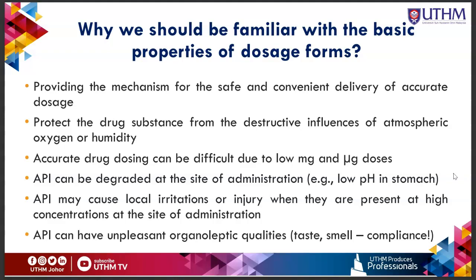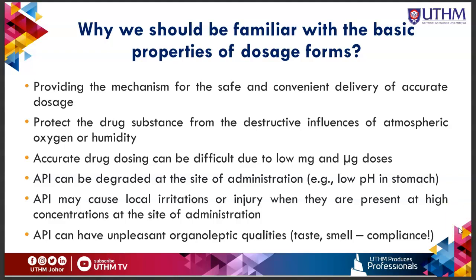For example, like what we have discussed earlier, low pH in the stomach will promote the ionization of the drug. The API may cause local irritation or injury when present at high concentration at the site of administration. And the API can have unpleasant organoleptic qualities, such as taste and smell.